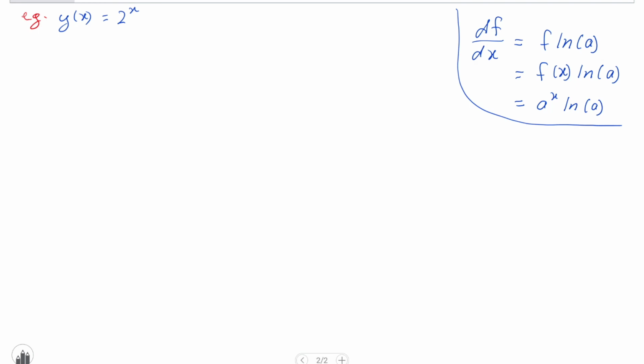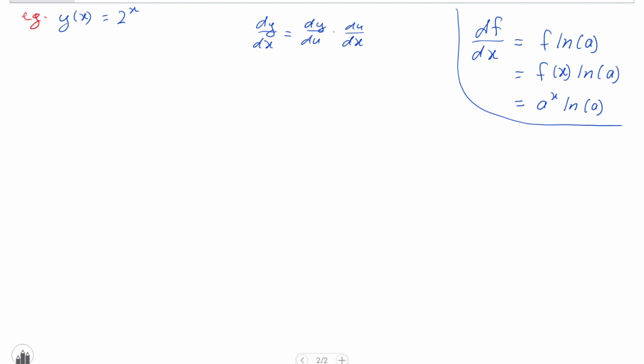So I'm going to use my chain rule. Recall that according to the chain rule, the derivative of y with respect to x is just dy by du times du by dx, just like that.